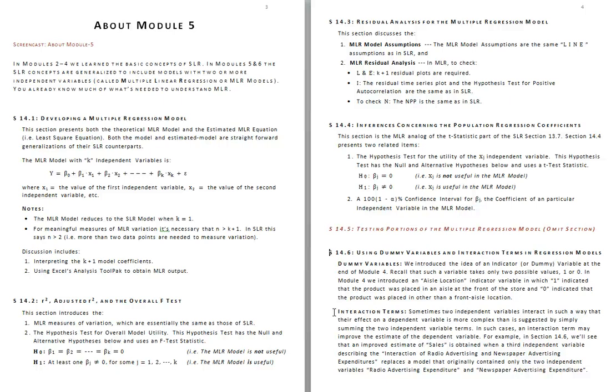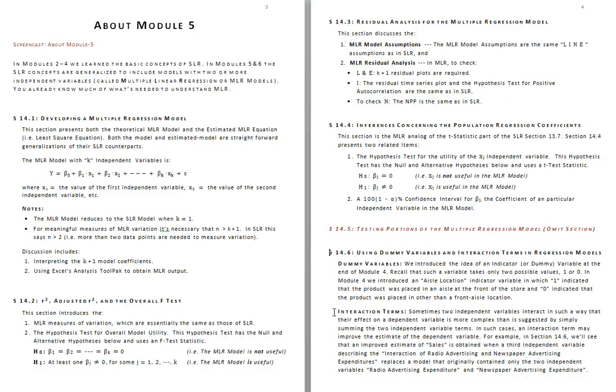Throughout Chapter 14, we'll illustrate multiple linear regression concepts using an example in which radio advertising expenditures and newspaper advertising expenditures are used as independent variables in an attempt to predict a dependent variable y, sales.